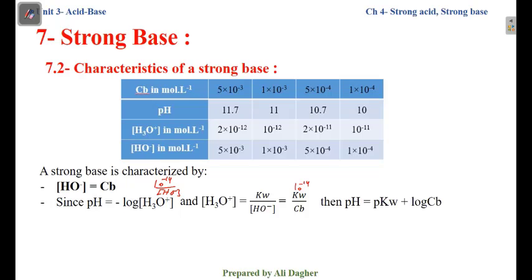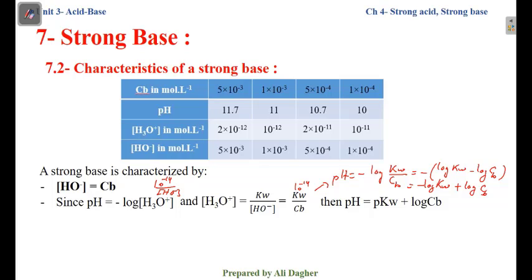Then pH equals negative log of Kw over Cb, which equals negative log Kw, minus times minus equals plus log Cb, since log of A over B equals log A minus log B.